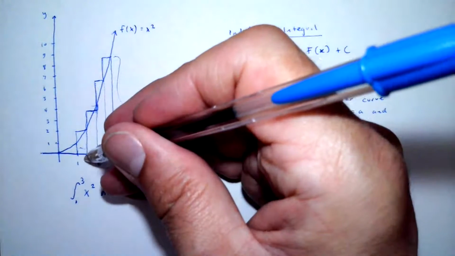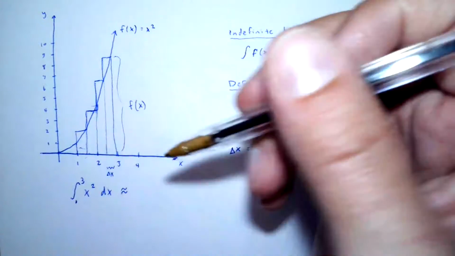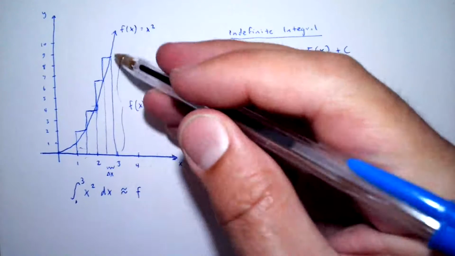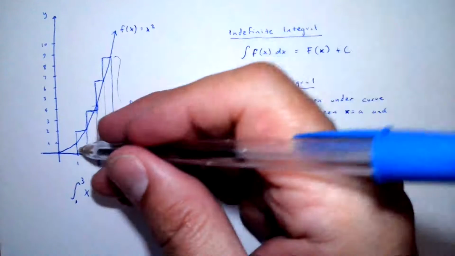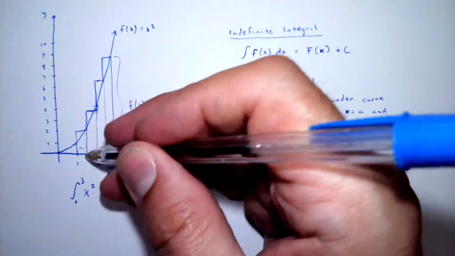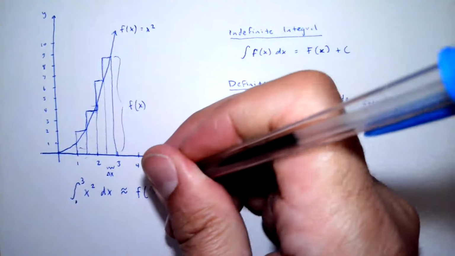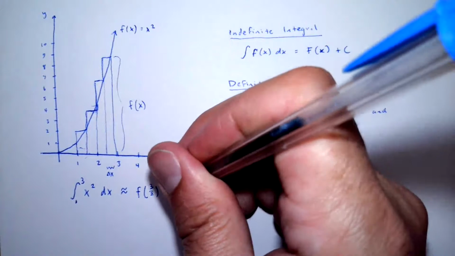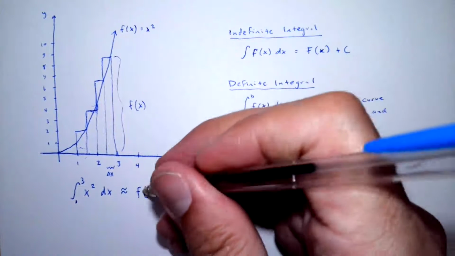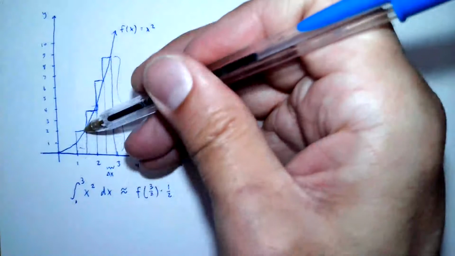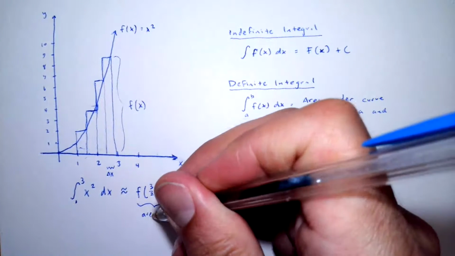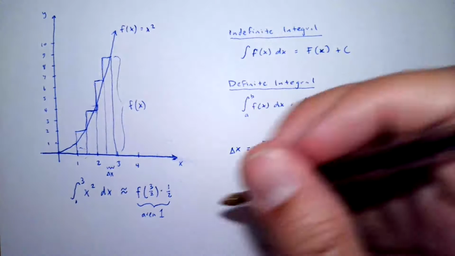And here we've got 1.5 to 2.5. Knowing me, I'm going to have that height be fractions, right? So this one, it's f of 1.5 or 3/2, and then times the width, our delta x, which is 1/2. And so this height times this width is the area of our first rectangle.